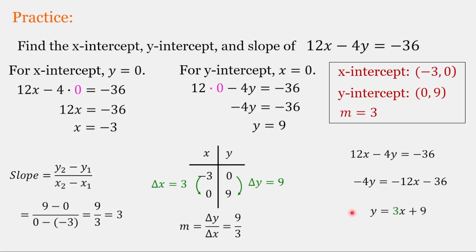And then to find the slope, again, you can rewrite the equation in slope-intercept form, or you can find the difference in the y values and the x values to find the slope. You'll end up with an x-intercept of negative 3, y-intercept of 9, and a slope of 3.